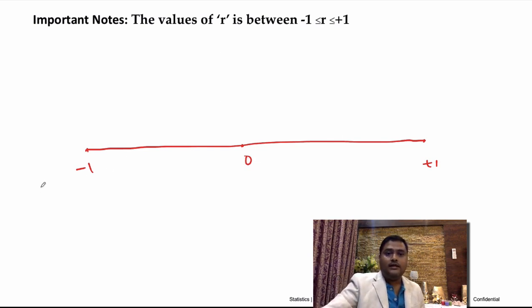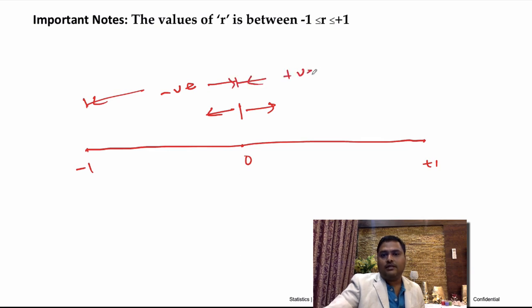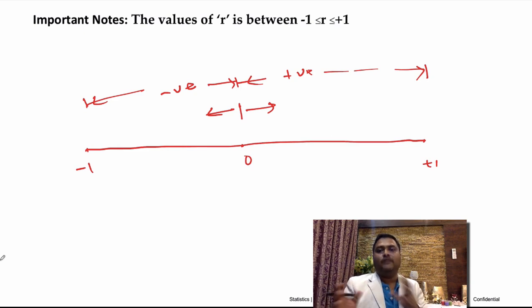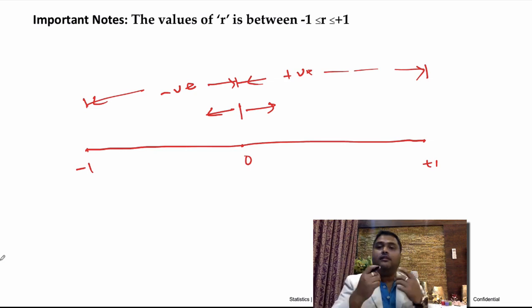The moment I say this is the negative side and this is the positive side, from 0 to less than 0 till -1 is negative correlation, and this is positive correlation values. Clear? That means if I get, let's say, 0.5, I will say it is positively correlated between these two variables. If I get -0.75, I will say it is negatively correlated. But how strong? How will I define that? What is the strength of this relationship?